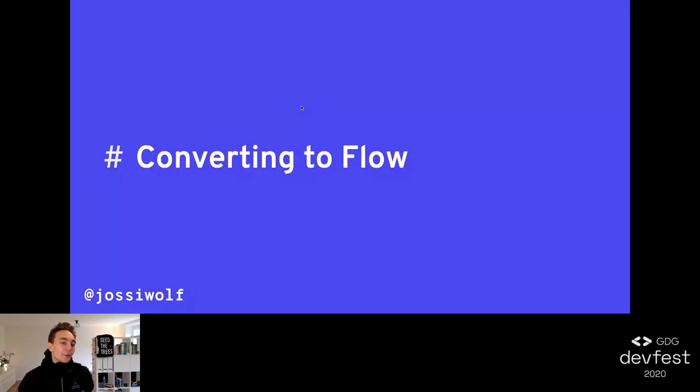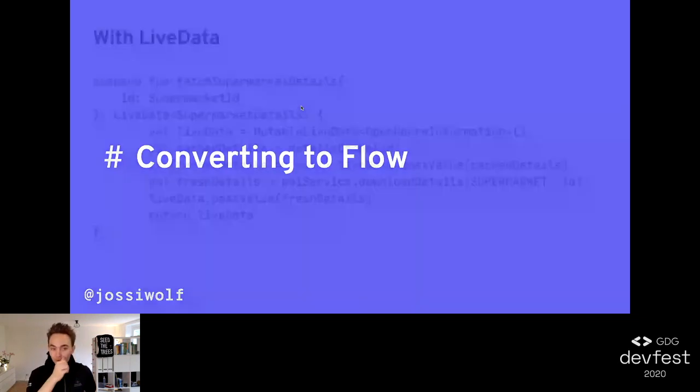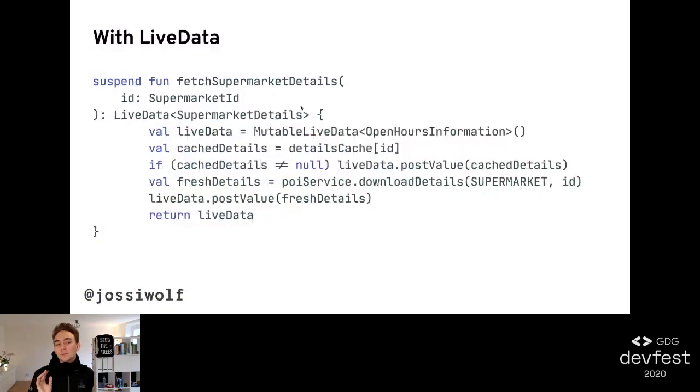So let's talk about converting to Flow. First up, this is what our code looked like, roughly. This is an example for retrieving data from the cache.